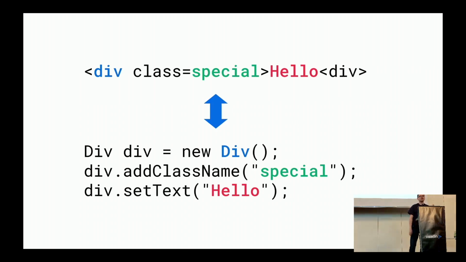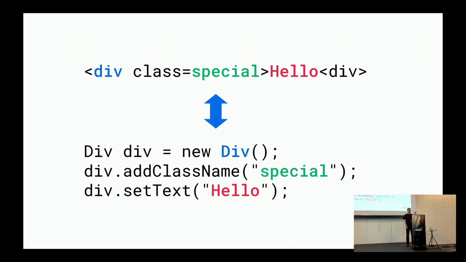One thing is, if you want to do something that is really close to what the browser itself does. So this is just a simple example. If I want to create this HTML structure from Flow in Java, I need to use a couple of lines of code for it, whereas the native representation of this same thing in HTML in any client-side technology is just more compact, it's more natural.